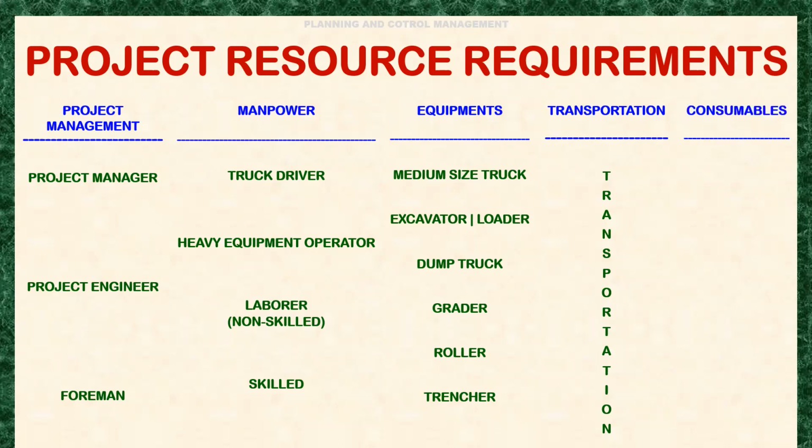And then the next is the consumables. So this is about fuel, so this will be the cost of fuel that will be involved in our project. Now, let's start first by creating a resource structure for our project, which is composed of project management, manpower, equipment, and transportation.